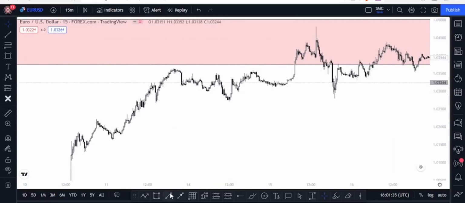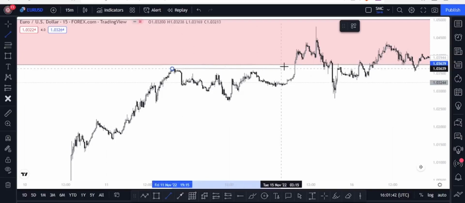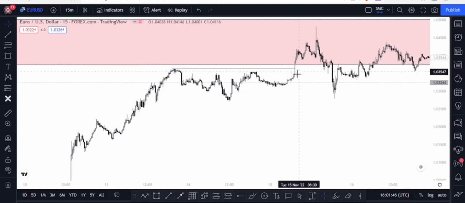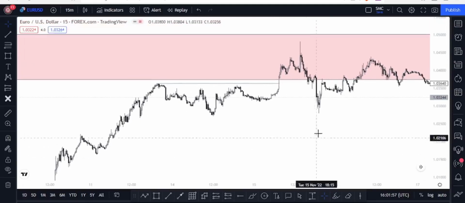After forming that high, let's mark it. This is our high in the market, and as you can see, price took out that high. Inside of your higher time frame point of interest, can you see that price took out that high?